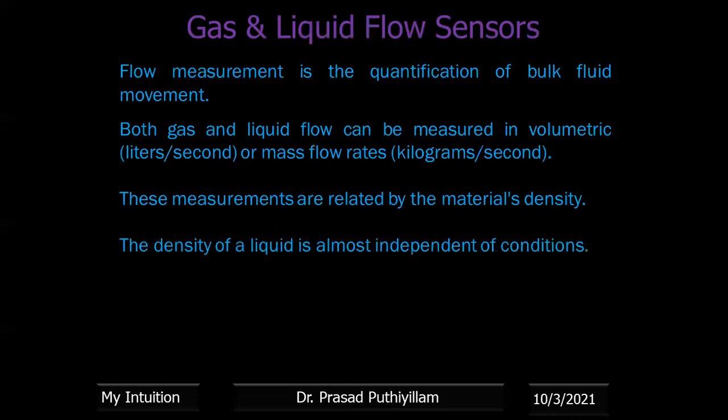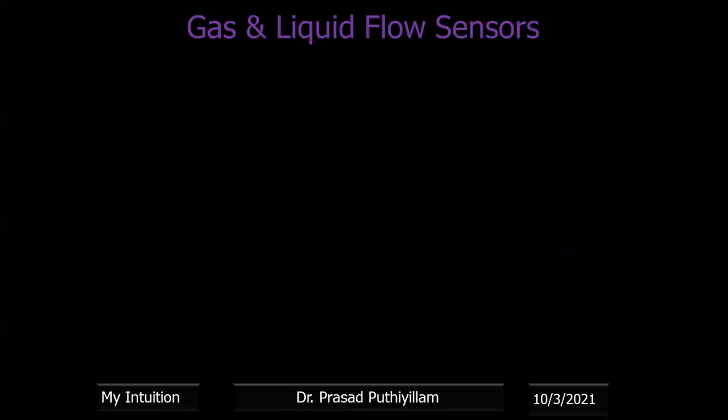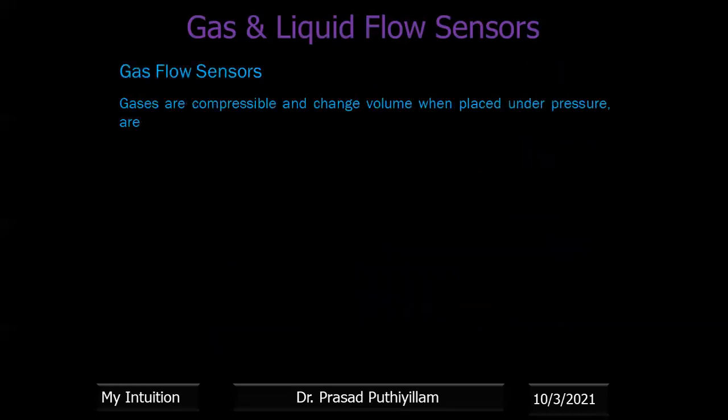Density of liquids is almost independent of conditions. Small changes are there based on the temperature or pressure. But compared to gases, the density variation in liquid is almost independent of condition. Whereas in gases, the density drastically changes based on the pressure, temperature, and other events, or even the composition of the gas. So for gas flow sensors, gases are compressible and change volume when placed under pressure or heated or cooled.